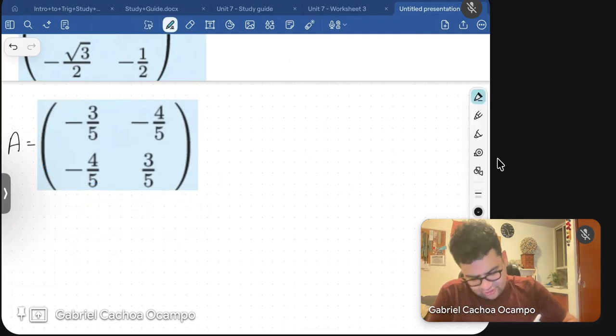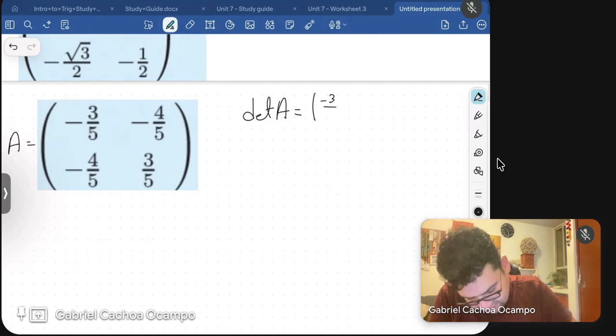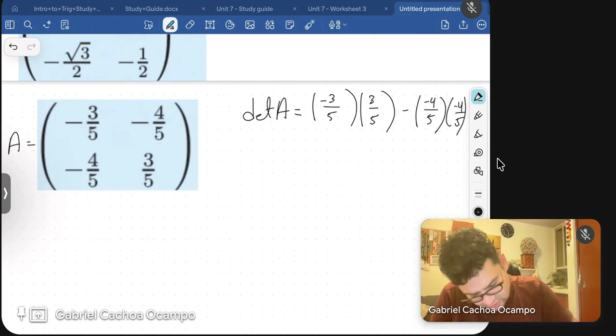And first, let us do the determinant rule, no? So the determinant of A is gonna be AD minus BC. AD is negative 3 over 5 times 3 over 5 minus negative 4 over 5 times negative 4 over 5. So this is again negative 9 over 5 minus 16 over 5.